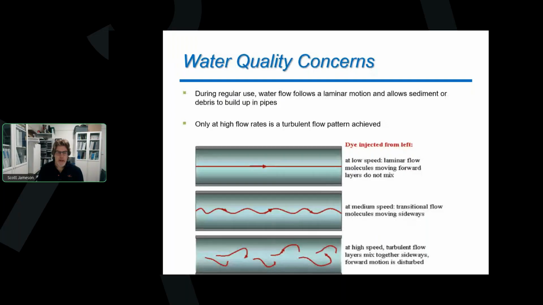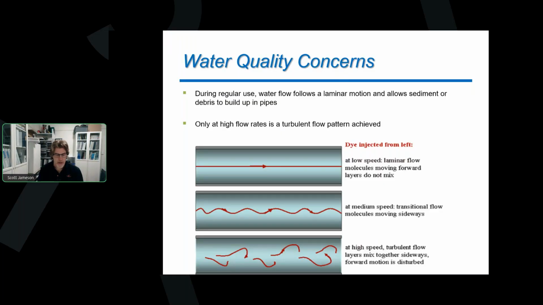Now, if we look at why we want to do a UDF, we can look inside of the pipe here and try to see what type of a flow pattern is generally created inside of the pipe. And what you see of the diagram at the very top, that is kind of the regular use of your system.